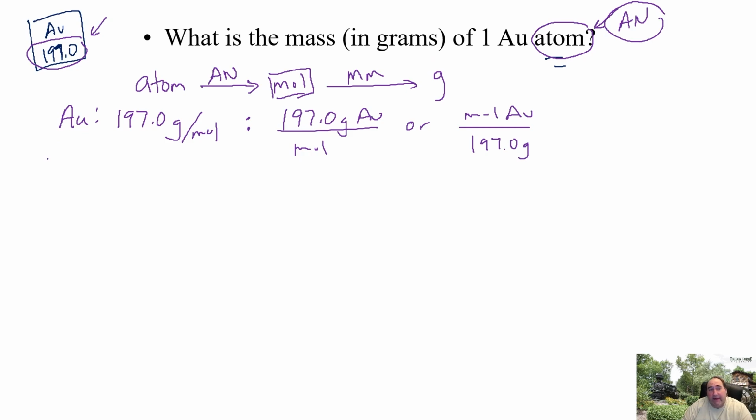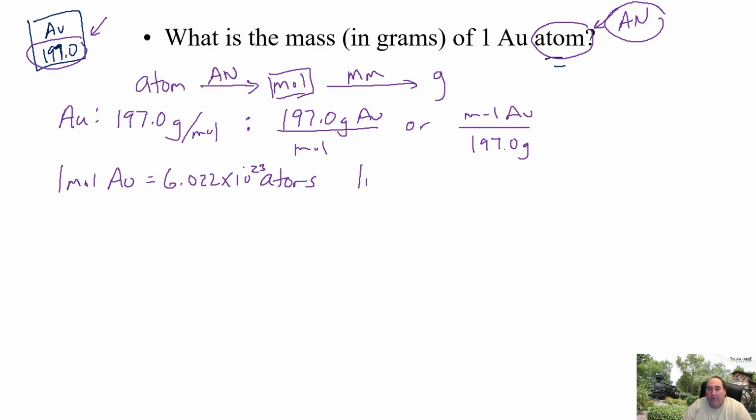We also know that I do need to use Avogadro's number. So that means that if I had 1 mole of gold, that would equal my Avogadro's number, 6.022 times 10 to the 23. In this case, it would be atoms, since we're just talking about gold. That also gives me 2 conversion factors that I can use.